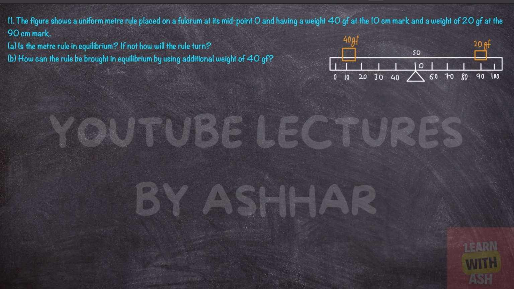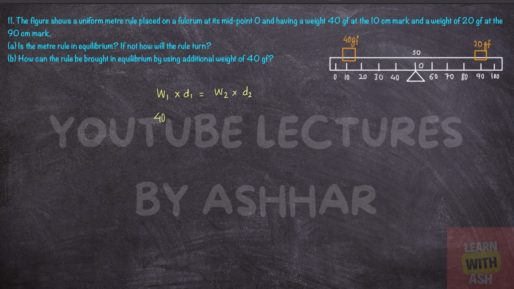First of all, the question asks us, is the meter rule in equilibrium? So what do we mean by equilibrium? It means that the total moment of force of this particular portion must be equal to this particular part. So what we have to do is W1 into D1 is equal to W2 into D2. Now what is my W1?